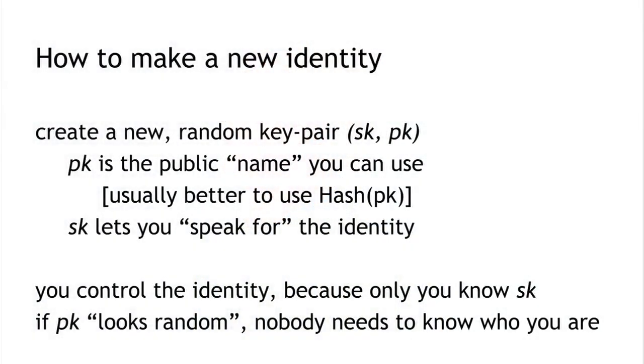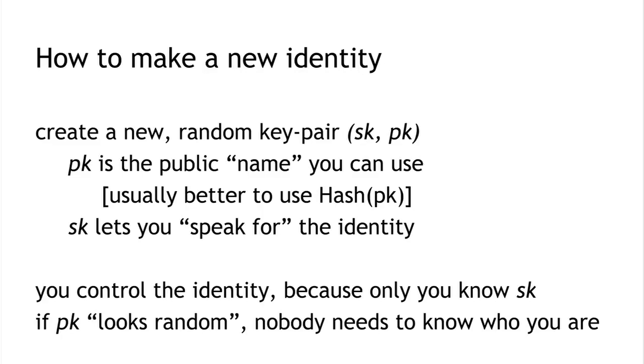That means there is an identity in the system which only you can speak for, and of course that's what you want an identity to be, something that one person can speak for that everybody can see.